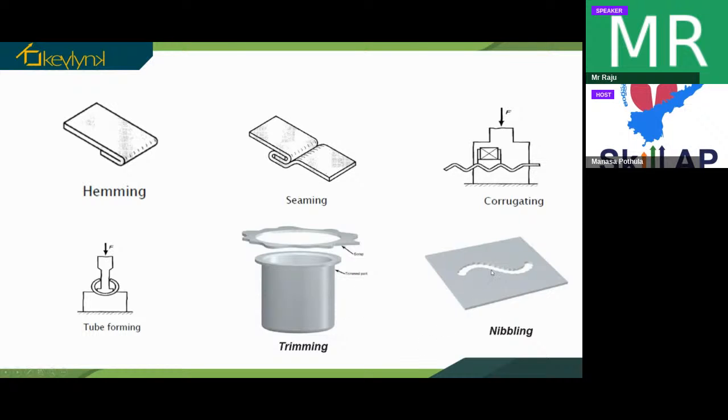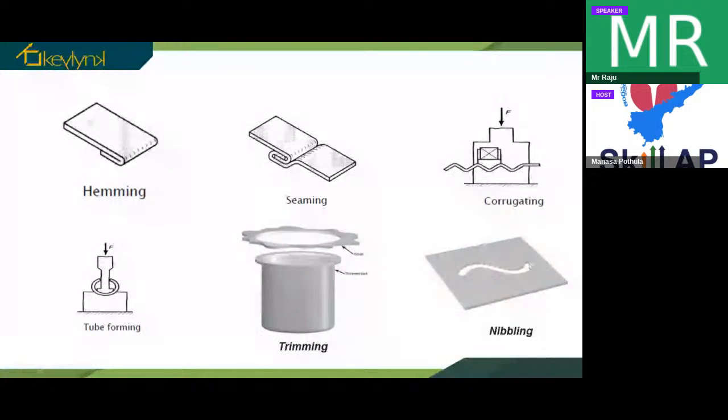So then we have nibbling. Nibbling is majorly done for the intricate or design products. So majorly we can see this in interior designs or something like that, to give an aesthetic or good appearance.